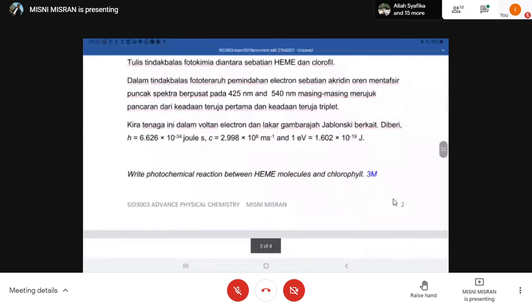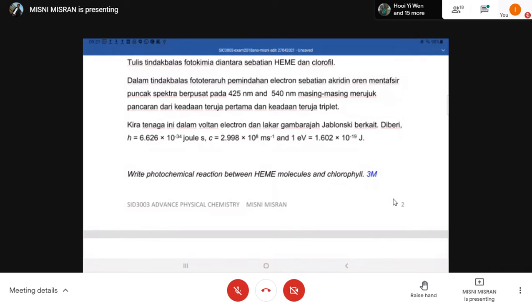The first question: photochemical reaction between heme molecule and chlorophyll. In 2018, a lot of students could not write these equations, because they could not remember the polypyrroles with the magnesium molecule.